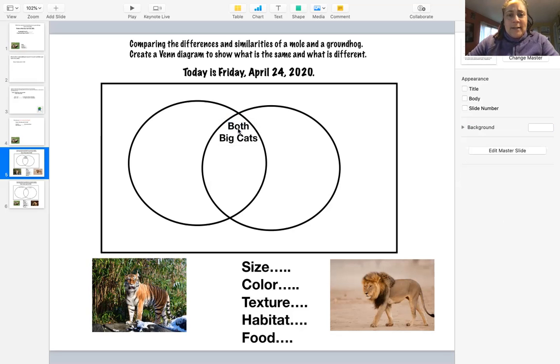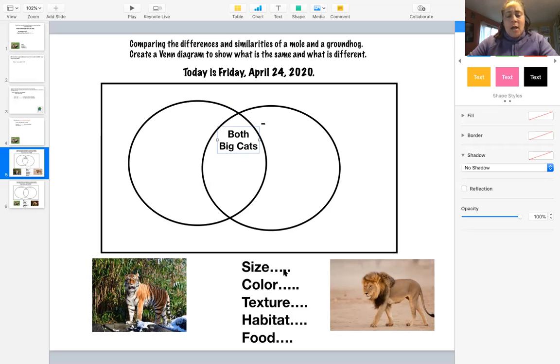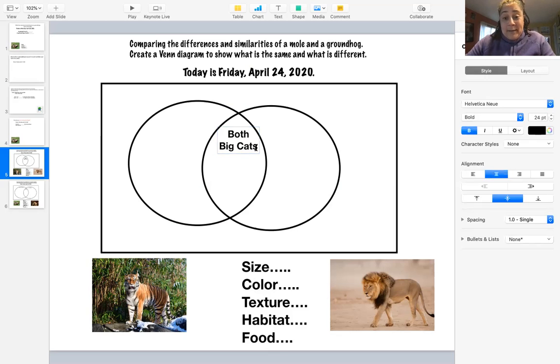And then let's look down here. I have this list of different things we could look at. We can look at their size, their color, the texture of their fur, the habitat where they live, the food that they eat. If we were to look at their size, just from looking at the pictures, I'd say they're about the same size, right?